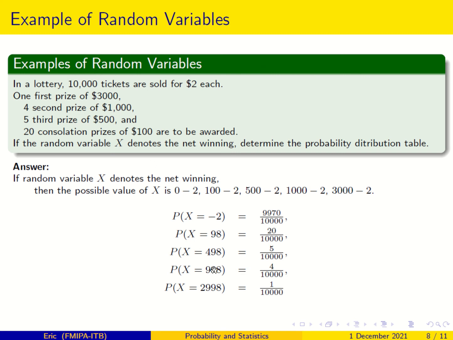What about the second prize? This is 4 out of 10,000. The third prize is 5 out of 10,000. The consolation prize is 20 out of 10,000. And the last one, if we do not win anything, is 9,970 divided by 10,000. So that's the example of random variables.